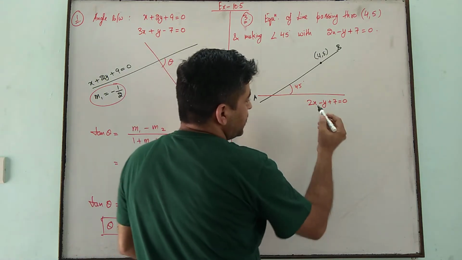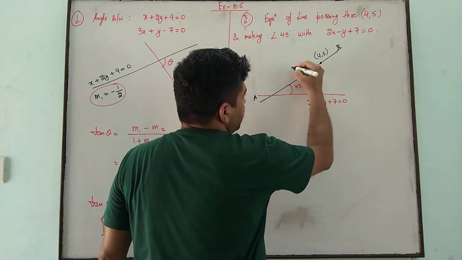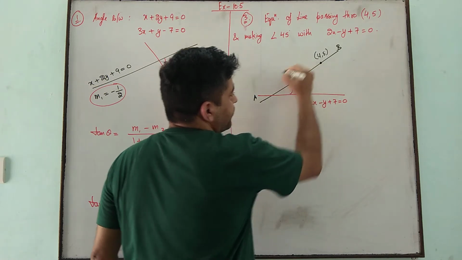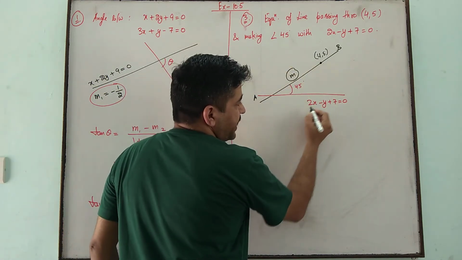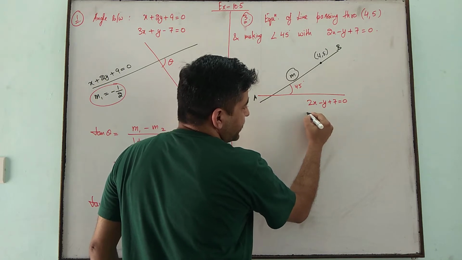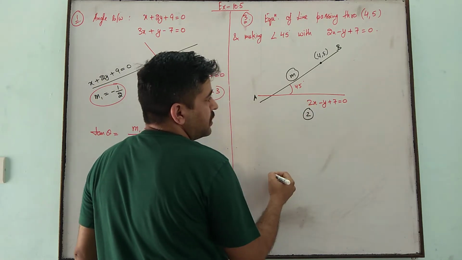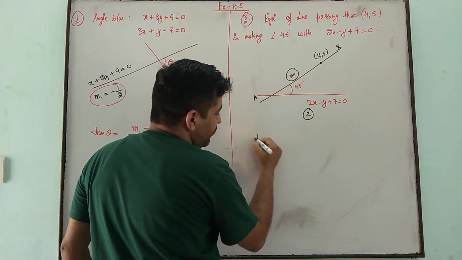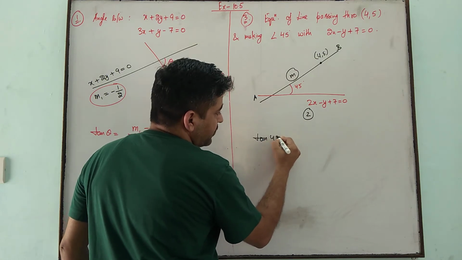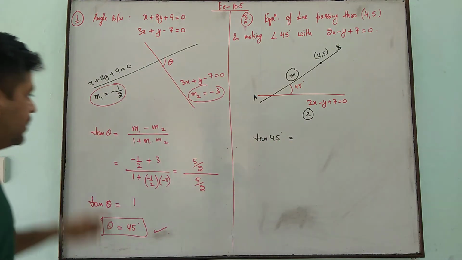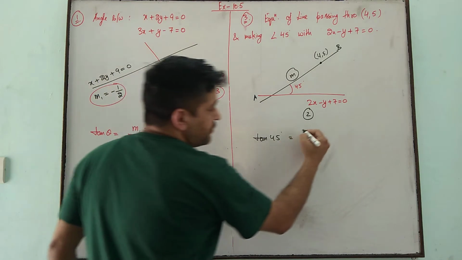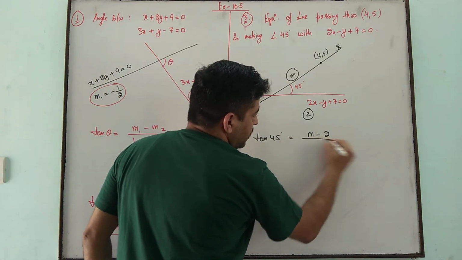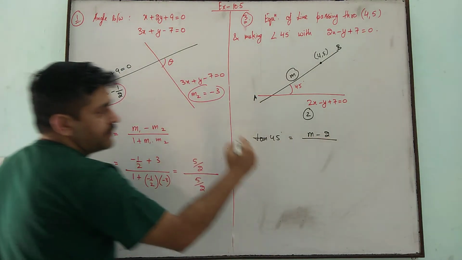So let us say the slope of this line is m. Slope of the given line is minus a upon b. And use the formula tan theta, that is tan 45 here. Tan theta is m1 minus m2 upon 1 plus m1 m2.